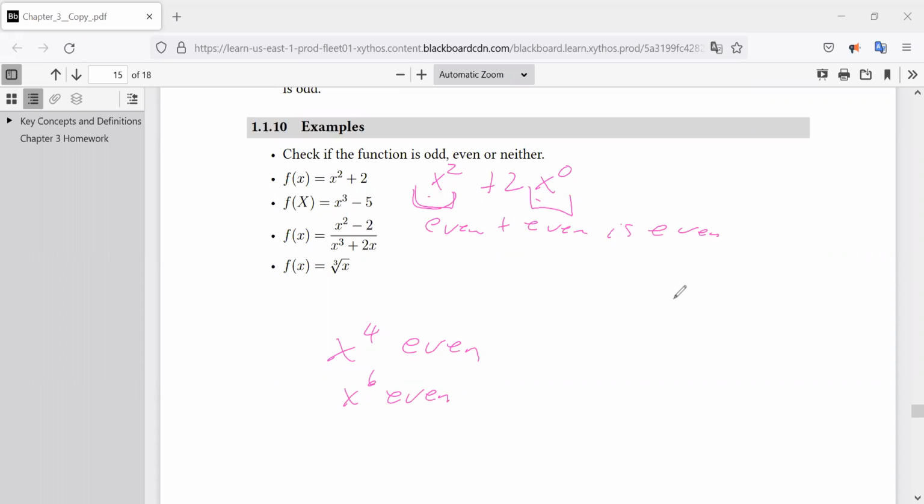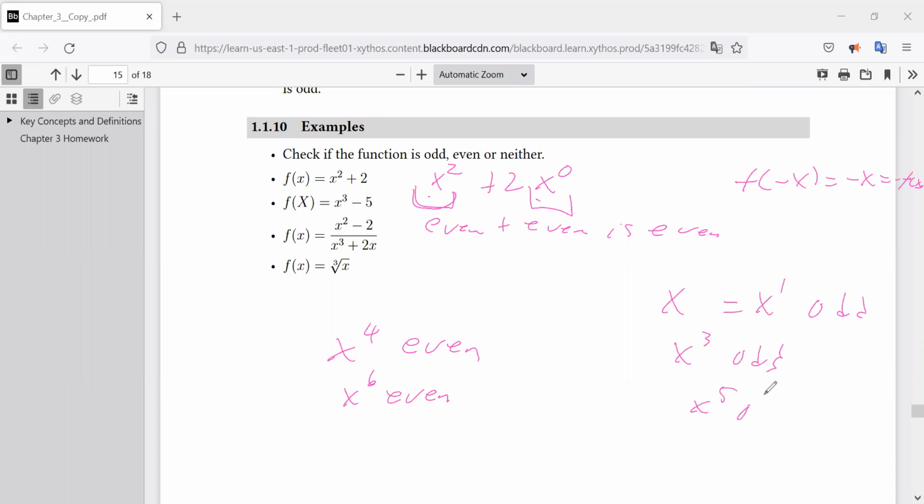And then if we have x, this is equal to x to the 1. This is odd. This is a very easy one to check. F of negative x is equal to negative x, which is equal to negative f of x. X cubed is also odd.